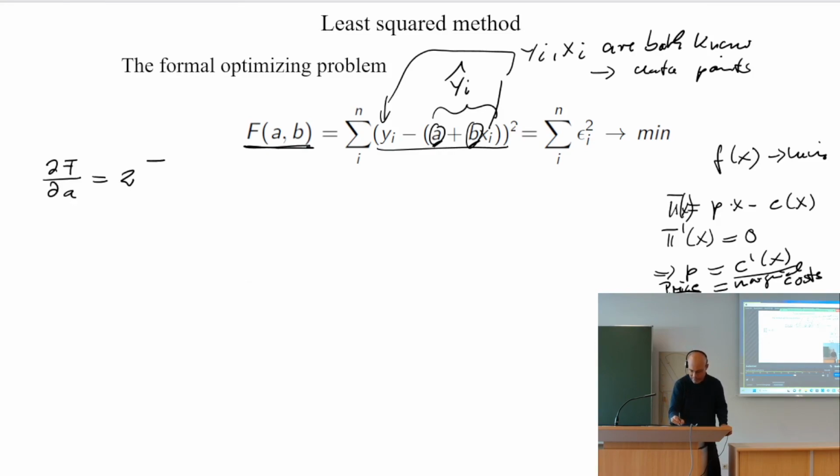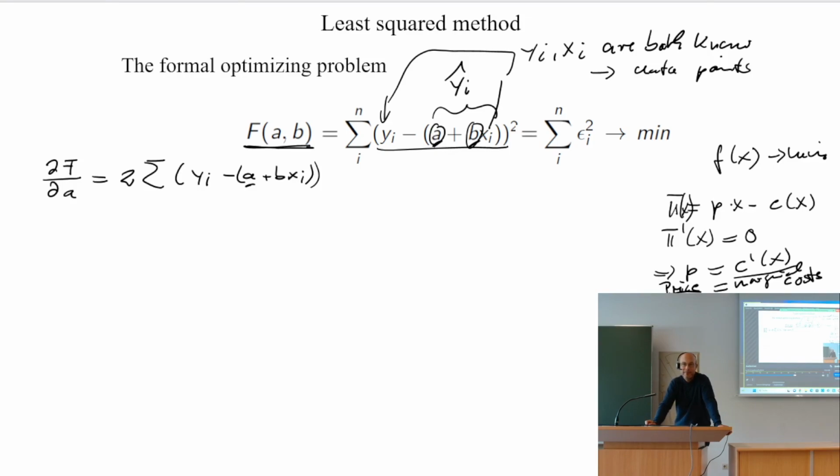So 2 times the sum, because in every part of the sum we have the square, and then yi minus (a plus bxi). But this is not the end. We take the derivative with respect to a.